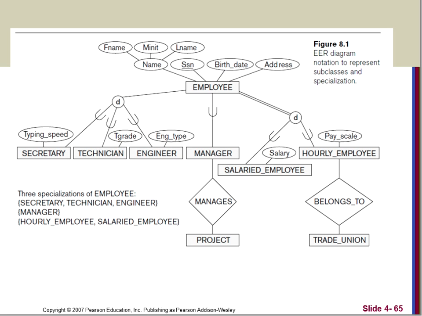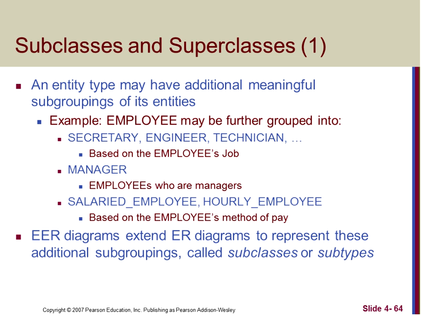One example is the employee. We identify the employee as an entity. When you design the employee, even though your customer does not mention such detail, you may realize through application analysis and data analysis that there are different types of employee, like secretary, engineer, and technician.